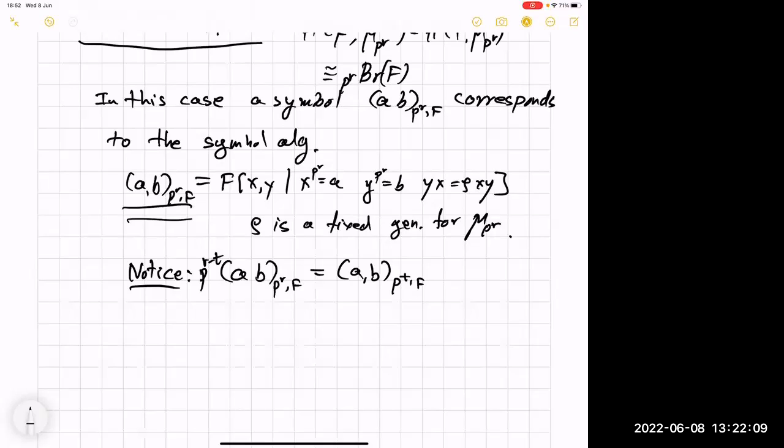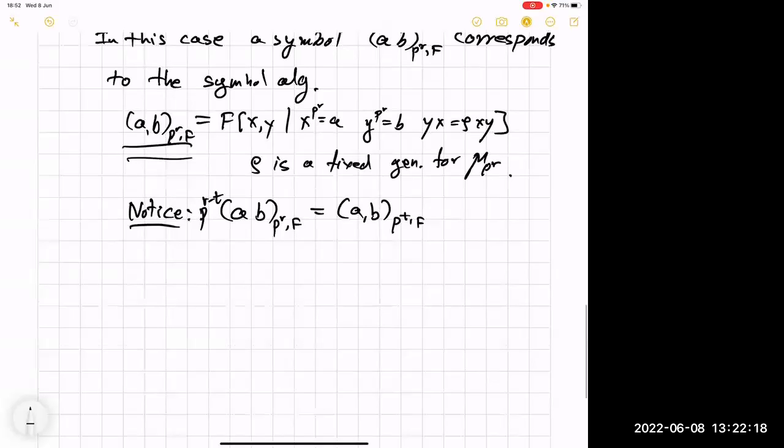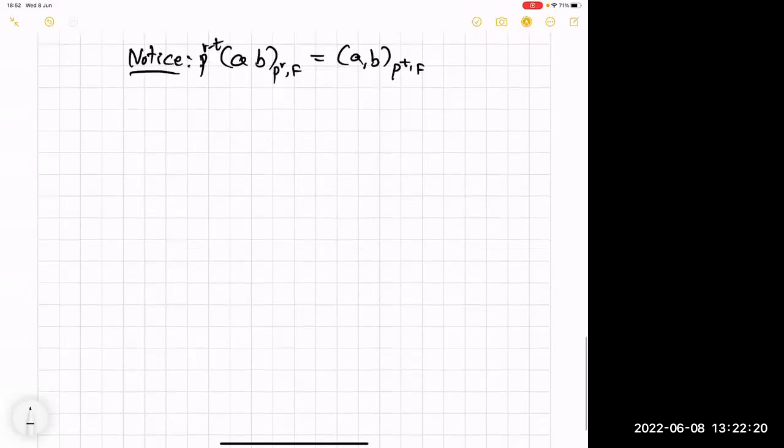In fact, using just algebras, it's not hard, but you can get it for free using these kinds of notations with these twisted roots of unity things.